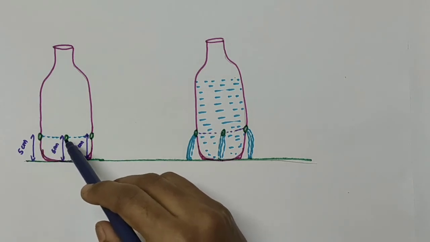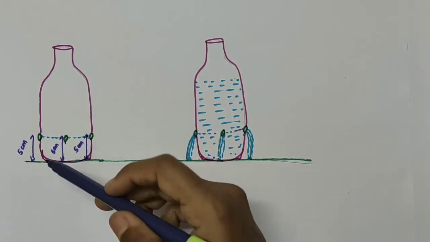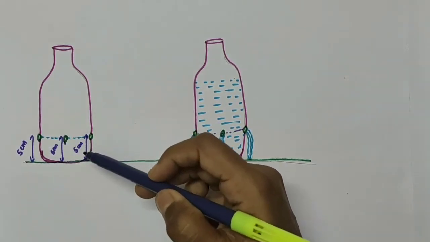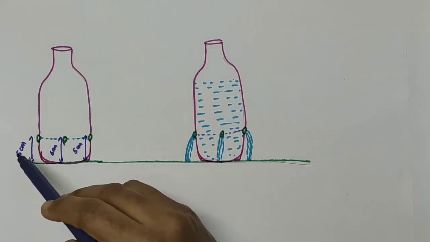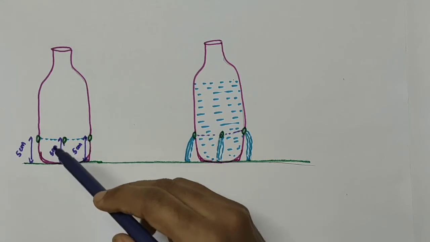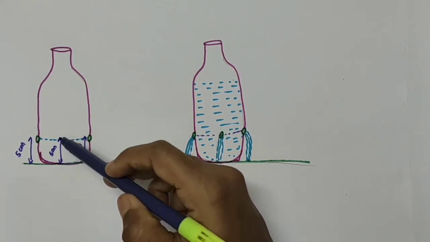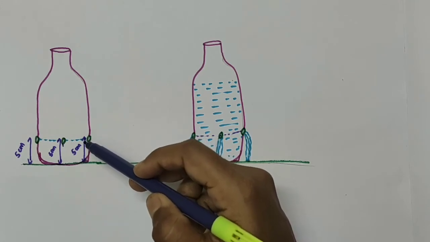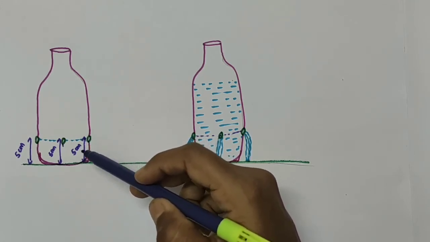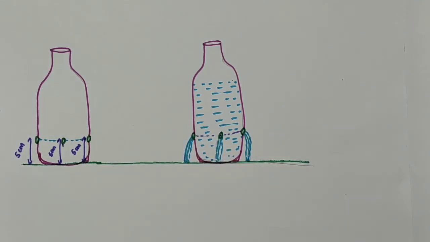All the holes are at the same height from the bottom. For example, if the first hole is at a height of 5 centimeters from the bottom, then the second one also has the same height of 5 centimeters, and the third hole is also at a height of 5 centimeters from the bottom.